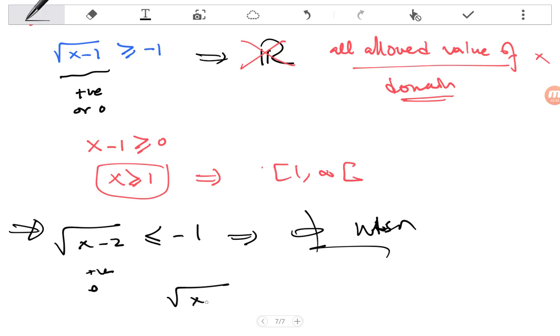What if I ask root x plus 2 less than or equal to 0? x equals negative 2. Yes, in this case x will be negative 2.